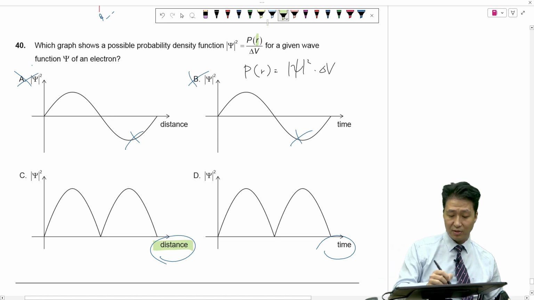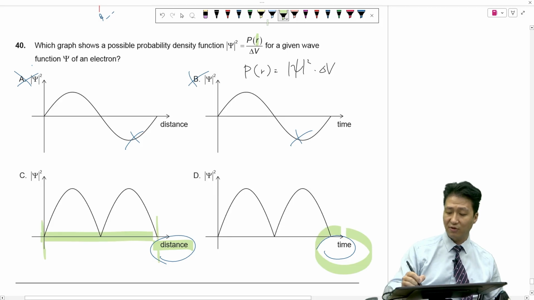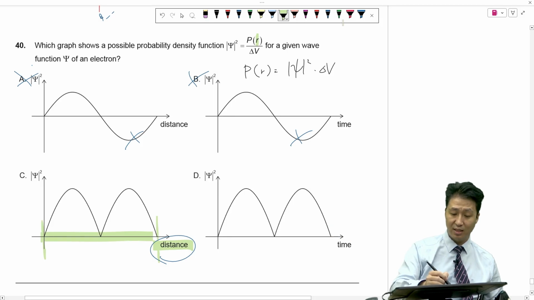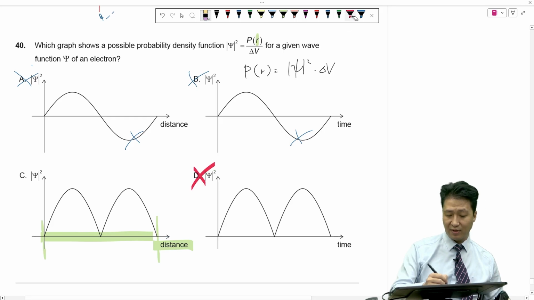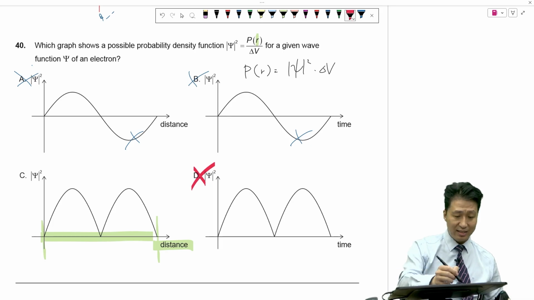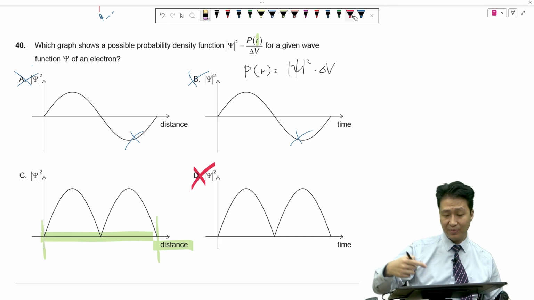So you have a distance here, and you try to find where it is. You're not trying to find it through time, so it cannot be D. At least for this specific case, if you had a function that tried to find it with time, and you have an interval of time you want to find it, it would probably be D, but in this case, it's just C.